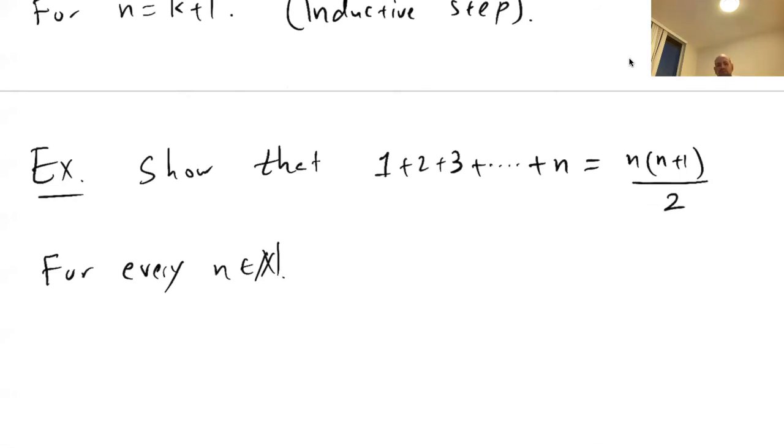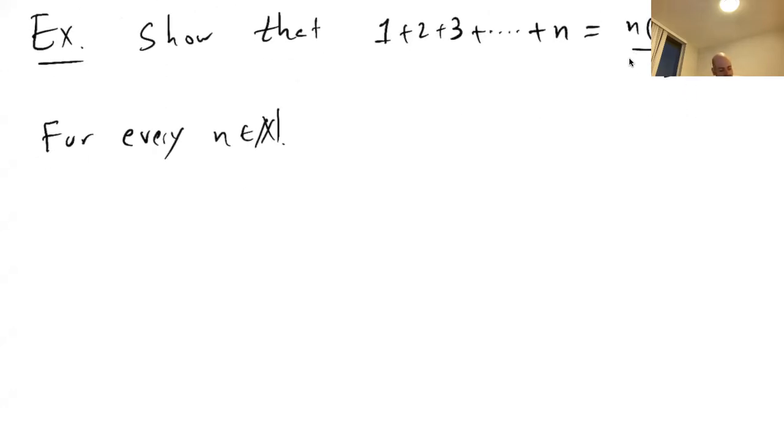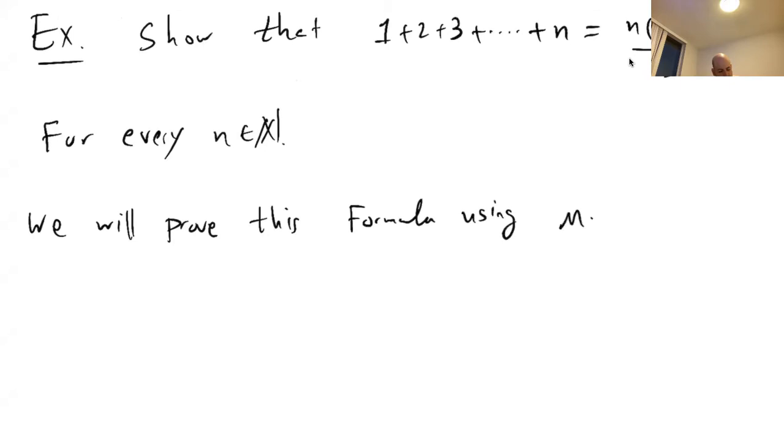I want to show the equality of these two. So why don't I check that this is true for n equals 1? So for n equals 1, so let me say basis step, we will prove this formula using mathematical induction.